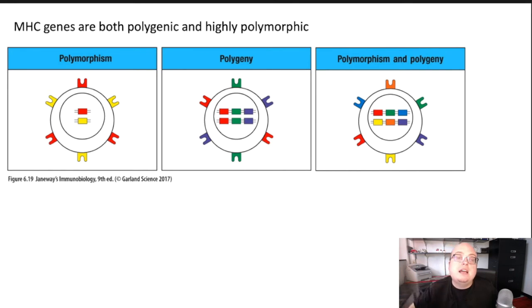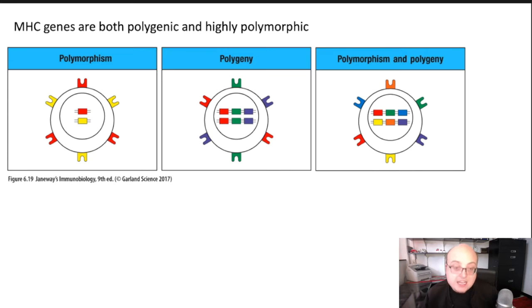Some of those antigens might be only presented by some of the MHCs, but collectively, we're covered across the entire spectrum of all of the possible antigens that we might see. That's made possible because MHC genes, again, are both polymorphic and polygenic. So for MHC class 1, the combination of those two ideas means that we can make basically 6 slightly different versions of MHC class 1 on the surface of our cells.